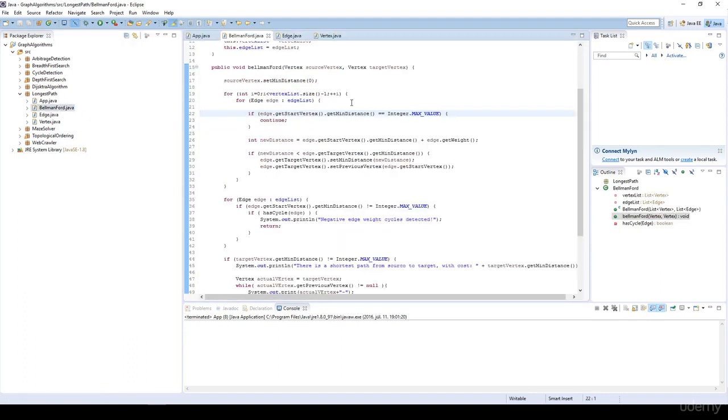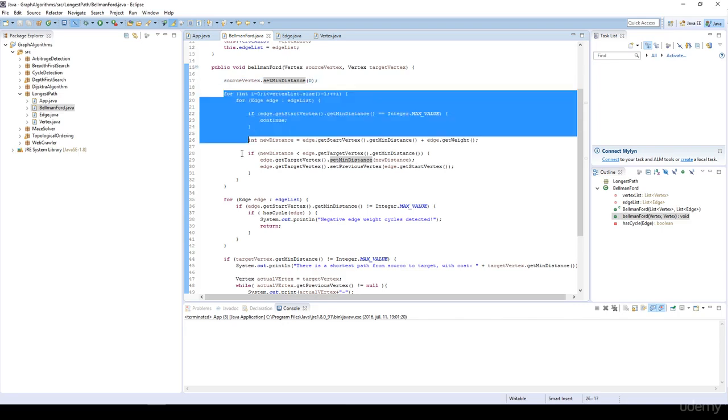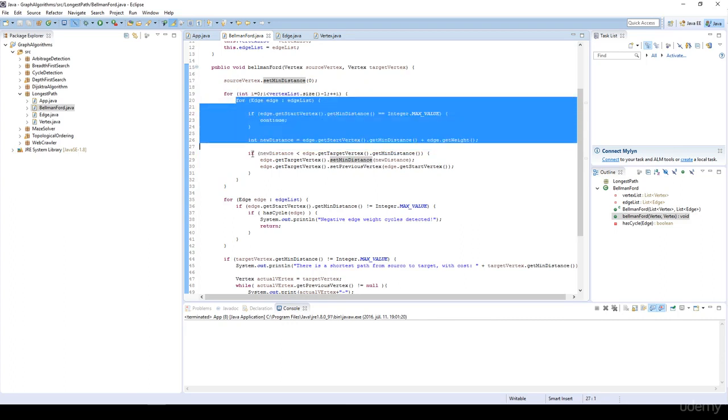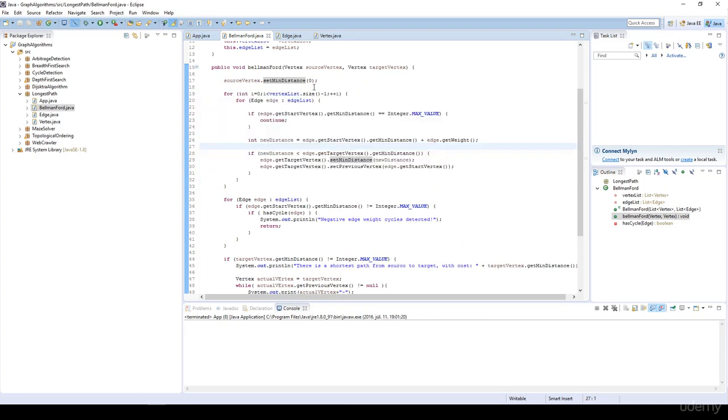The Bellman-Ford algorithm is the same. We have to set the source vertex distance to be 0, this is how we initialize it. Then we have to make v-1 iterations. Basically, we relax all the edges, so that's why we iterate through all the edges for v-1 times, where the v denotes the vertex list size, so the number of vertices in the graph. And of course it is very similar to what we have seen for Dijkstra algorithm.